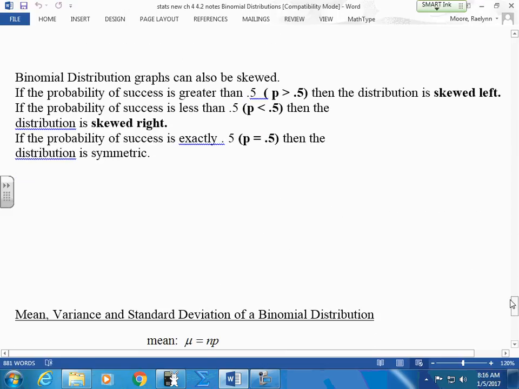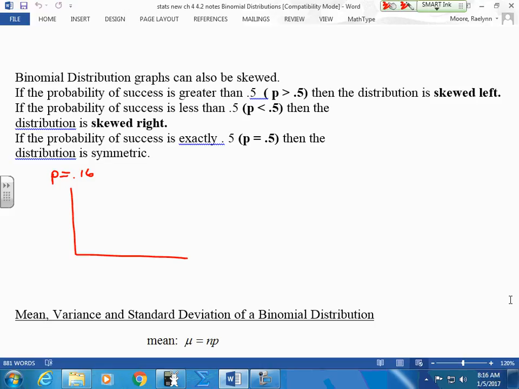All right. Just to talk about these graphs for a second. When we had a probability of 0.16, you're not going to get a lot of people saying yes, right?